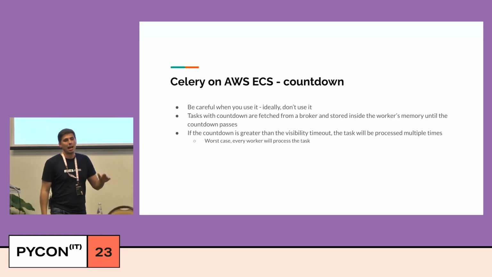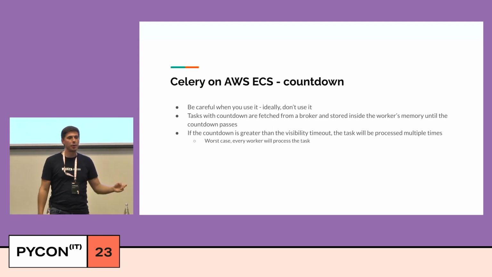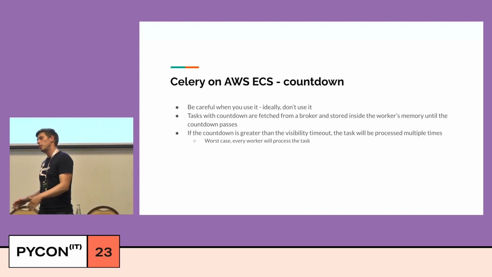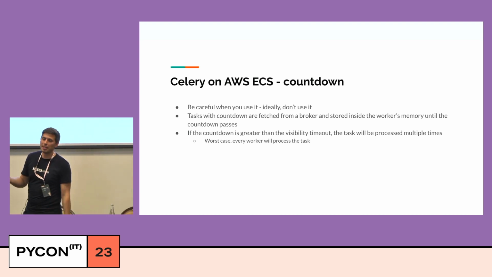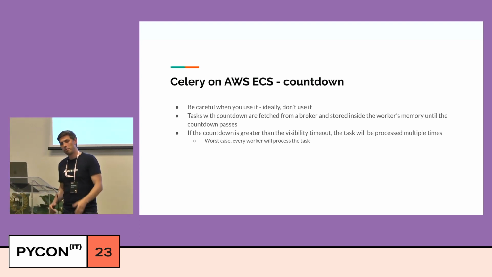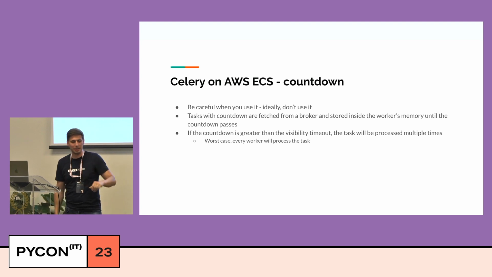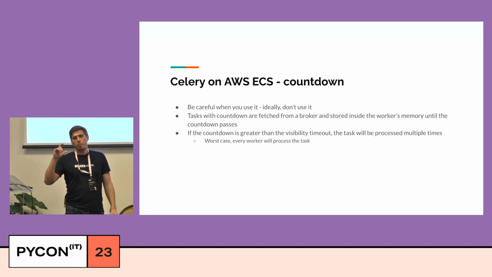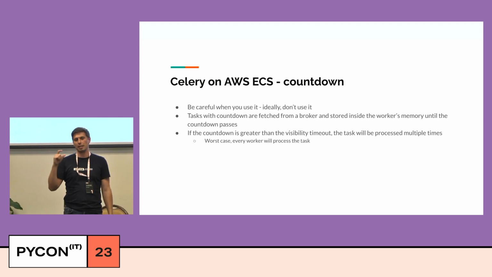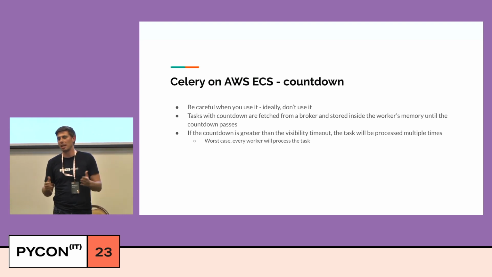So the next thing is countdown. Celery, in their documentation, is claiming that you can use countdown to execute your task at some later point in time. That is true to some degree, but there is a problem. When the workers pick up tasks that have this countdown, they just store them inside their memory, and they're kept there until this countdown time passes. And that's it.